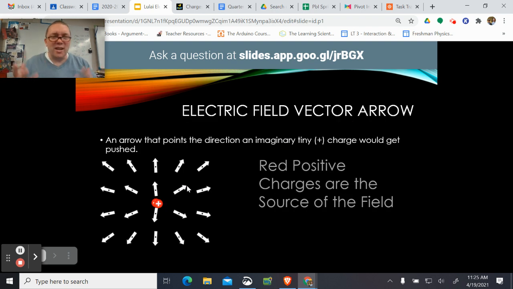We needed a way to describe what's going on, so we said, if we imagine a pretend little positive charge, we could describe the direction based on what a pretend positive charge does. So we made up the directional part, but it's accepted the world over.